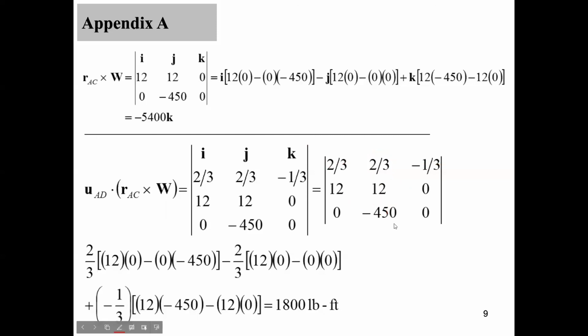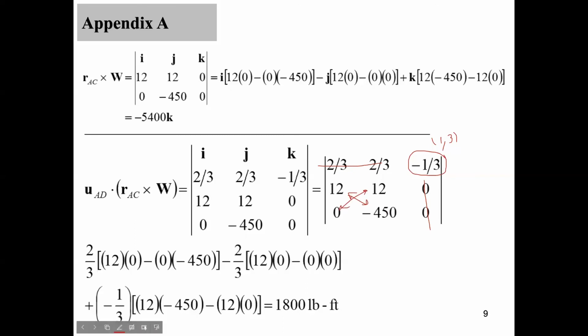Next, hide all elements in row 1 and in column 3 except element 1, 3. Then multiply negative 1/3 by 12 times negative 450 minus 12 times 0.